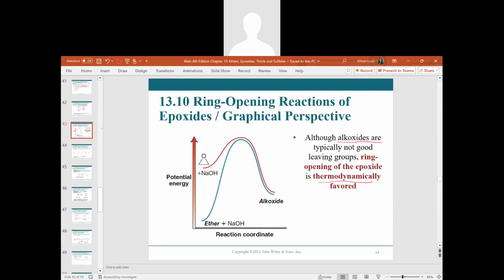So this is the graphical representation of why we can generate that alkoxide ion using a cyclic ether like our epoxide and sodium hydroxide. The energy barrier for a regular non-cyclic ether, a non-epoxide, is way too high for this to occur.